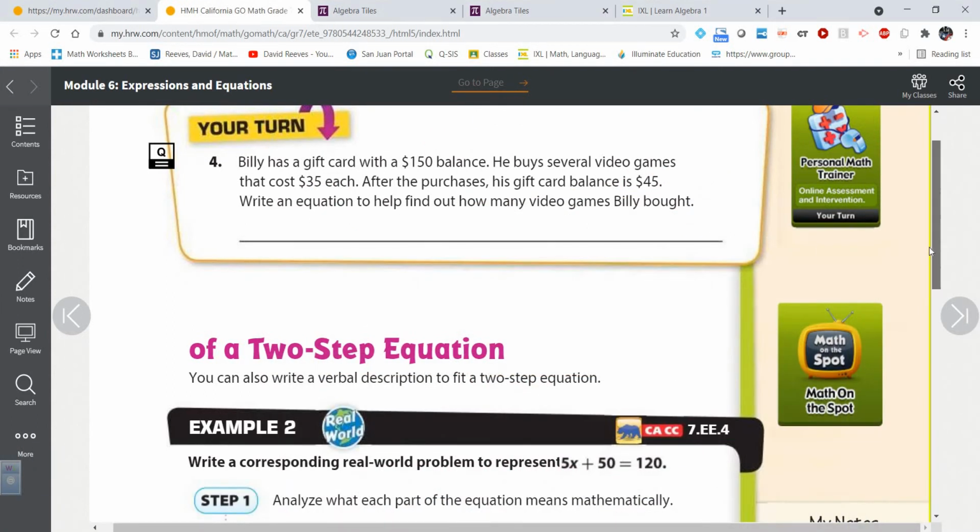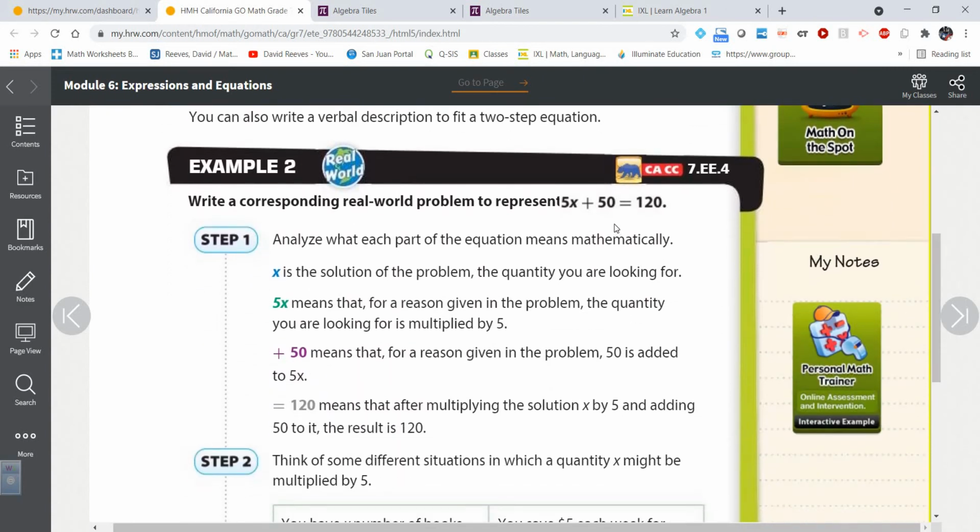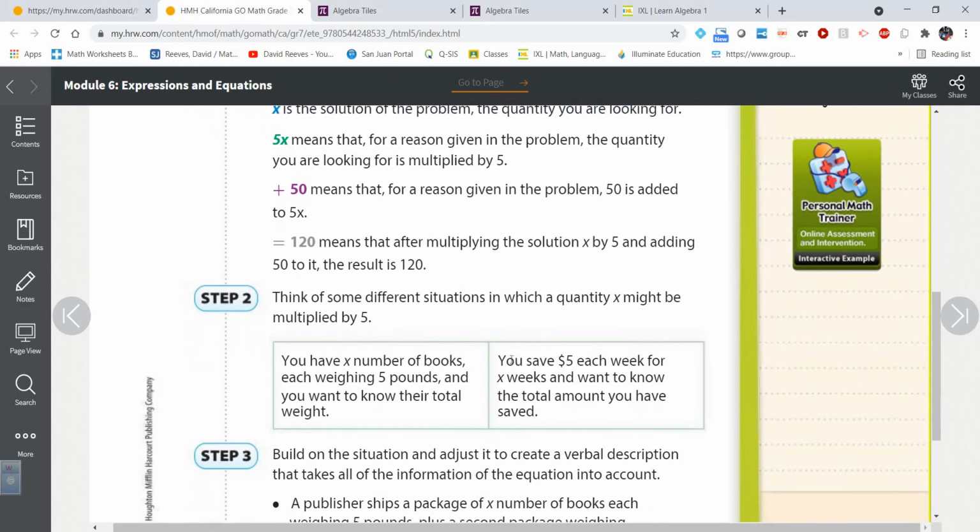Okay? All right. And sometimes, by the way, they're going to give you an equation and ask you to come up with a way to explain what it means. So just remember, when you see a number in front of a variable, that is something that is recurring. So if you take a look at what they have, X number of books, 5 pounds, right?